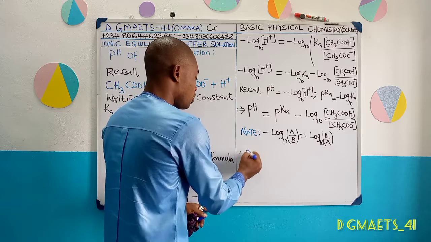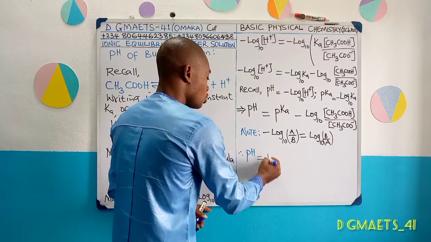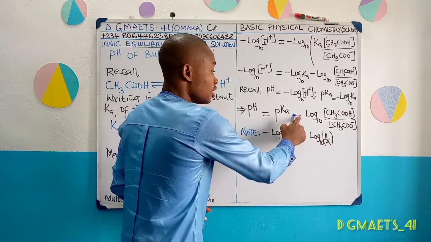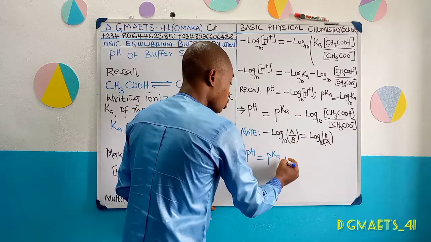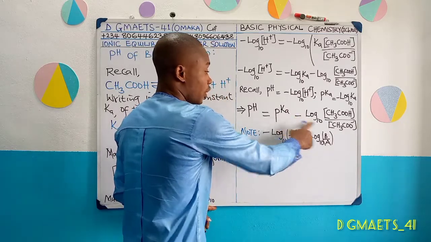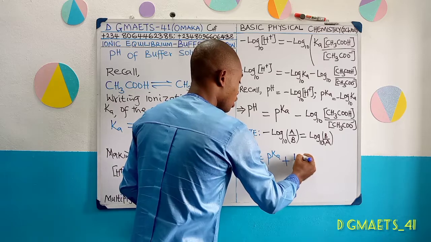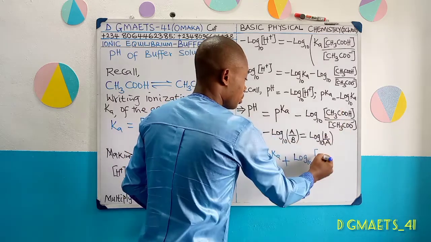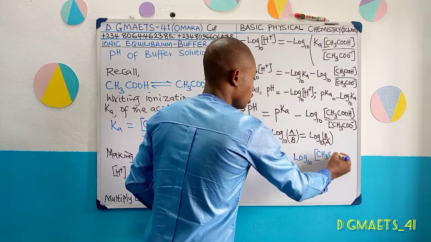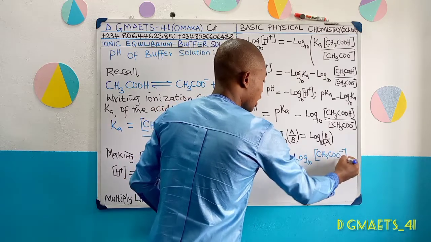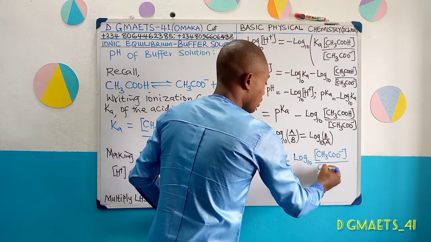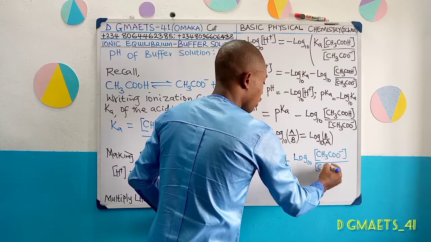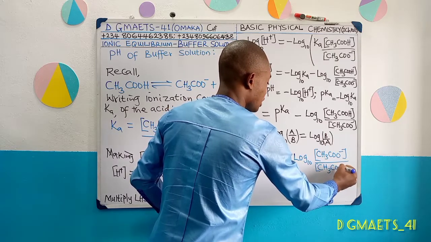Therefore, pH dey equal to pKa. This one now I go change am from minus to plus because I wan do something here. It will come be log base 10. I go carry this one go up: concentration of the acetic ion, I'll come divide am by concentration of ethanoic acid.